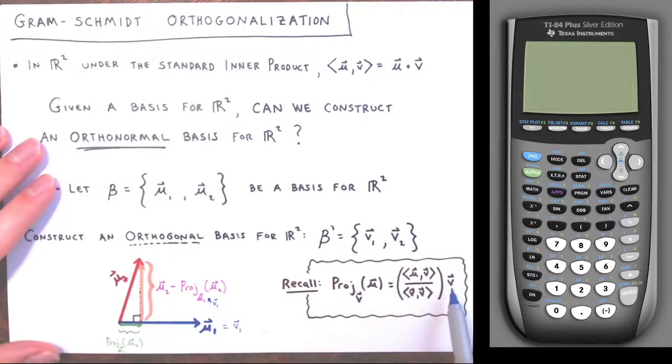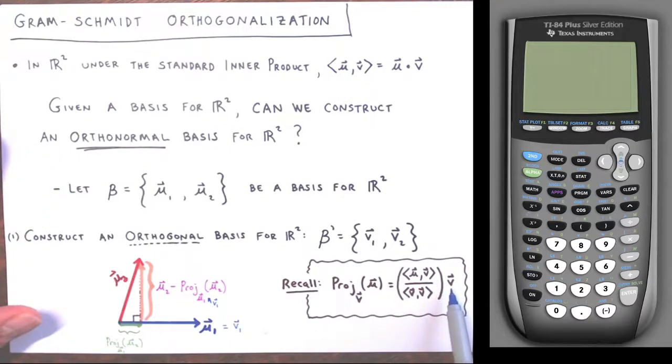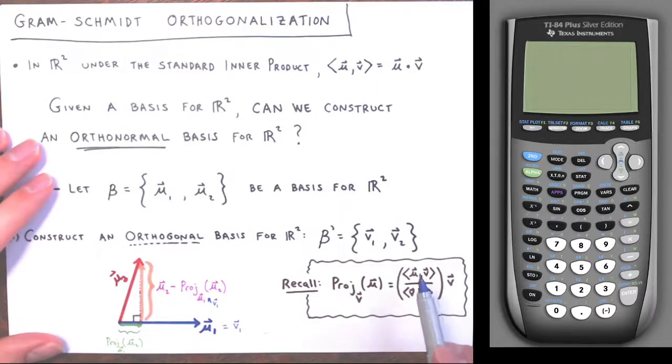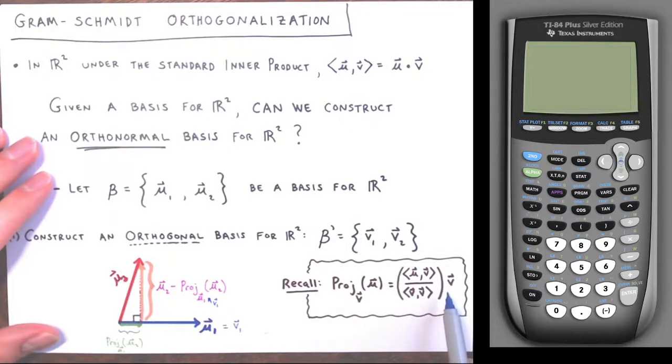Whatever vector you're projecting onto, the resultant vector would be a scalar multiple of it, because you'll be in the span of v, or on the line containing v. So the projection of u onto v is the inner product of u with v divided by the inner product of v with v, or the norm of v squared, then times v. All right, so let's keep that in mind for the next page.